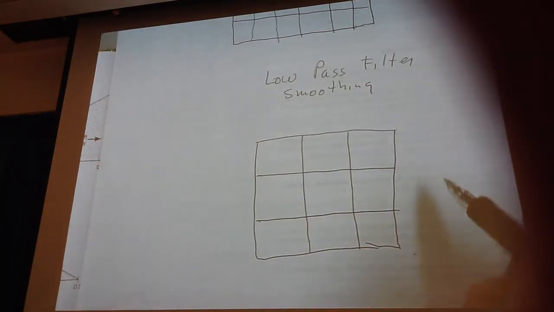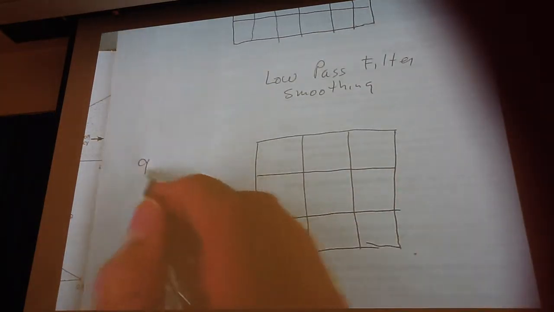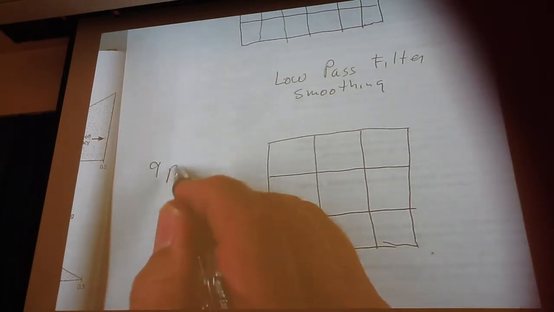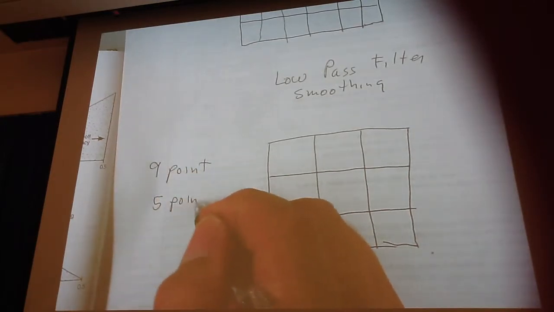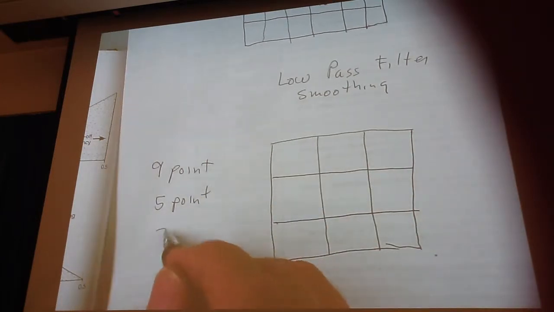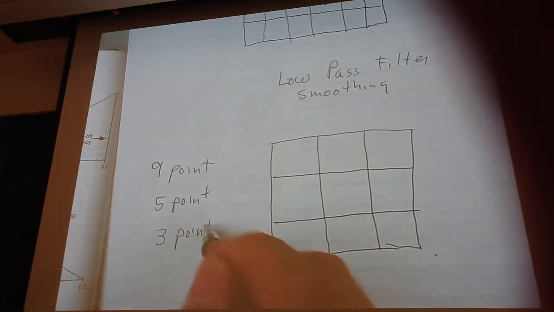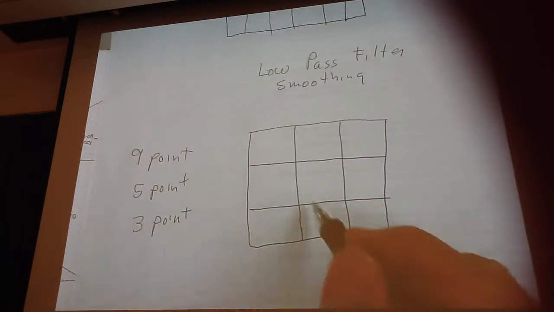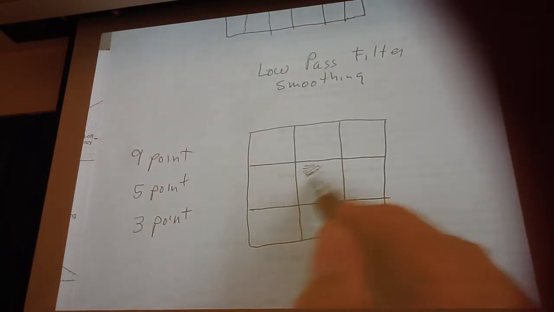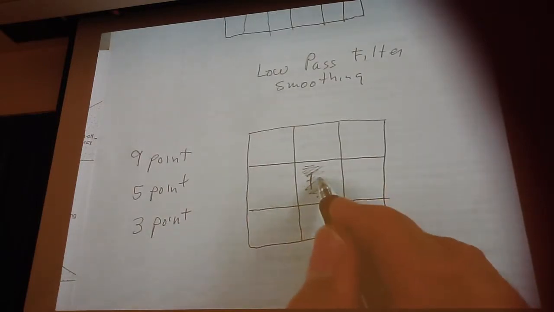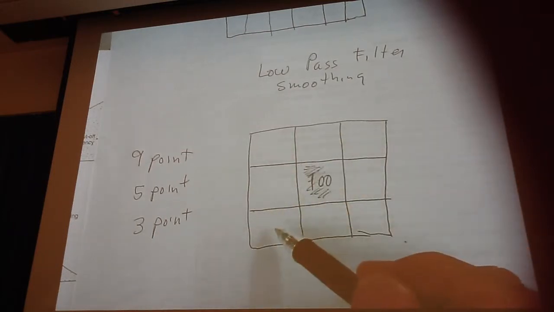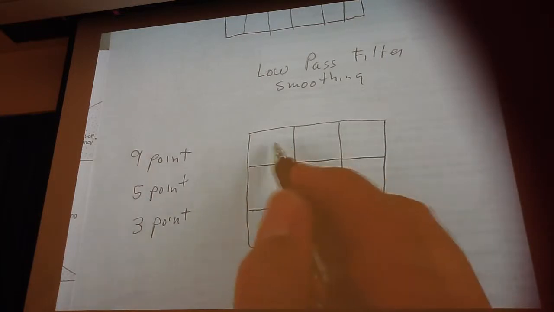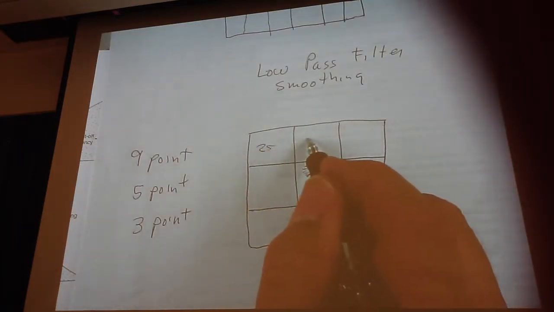Usually the smoothing is what they call either a 9-point, 5-point, or 3-point. If this is the number that we want to change, so let's say that we have a number in here of 100, then your computer is going to look at the number of counts surrounding this pixel.